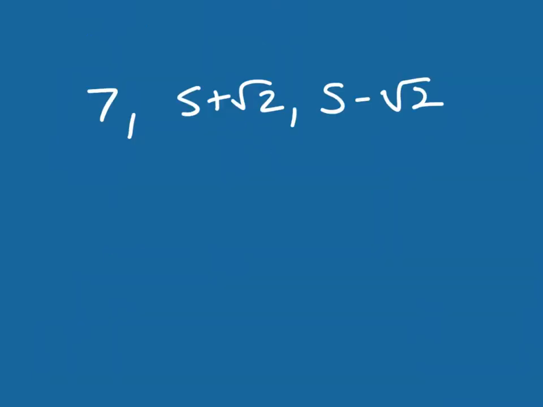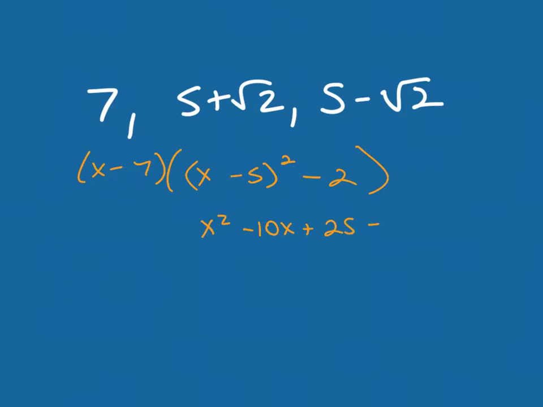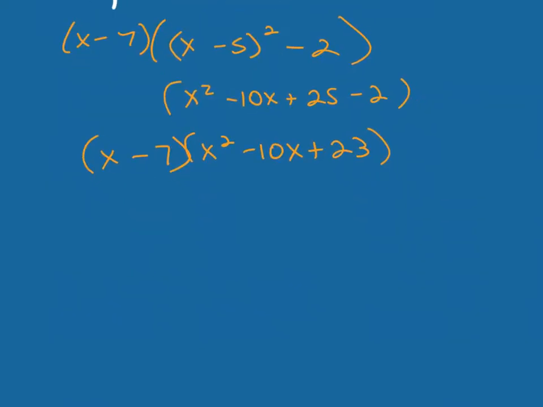This is another number, what is it, 3? This would have been x minus 7, and then if I use the shortcut, I'm going to do x minus 5 squared minus what's underneath the root, which is 2. So I get x squared minus 10x plus 25 minus 2, which is x squared minus 10x plus 23. And then I'm going to multiply that times x minus 7.